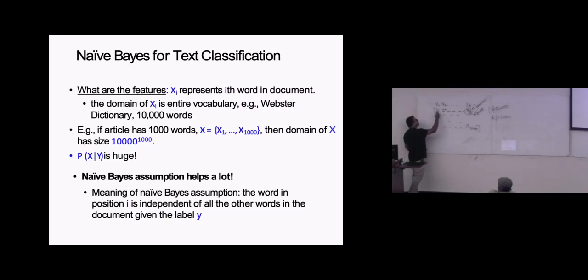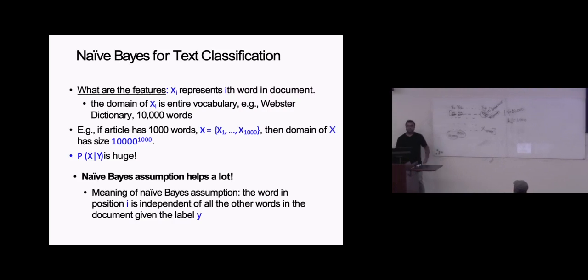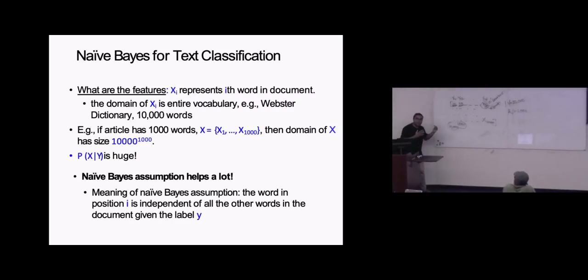How many here? 10,000. So you are essentially multiplying 10,000 1,000 times. If you want to estimate all the probabilities that you need to model this sequence, it is this number. That's just the number you need to estimate.